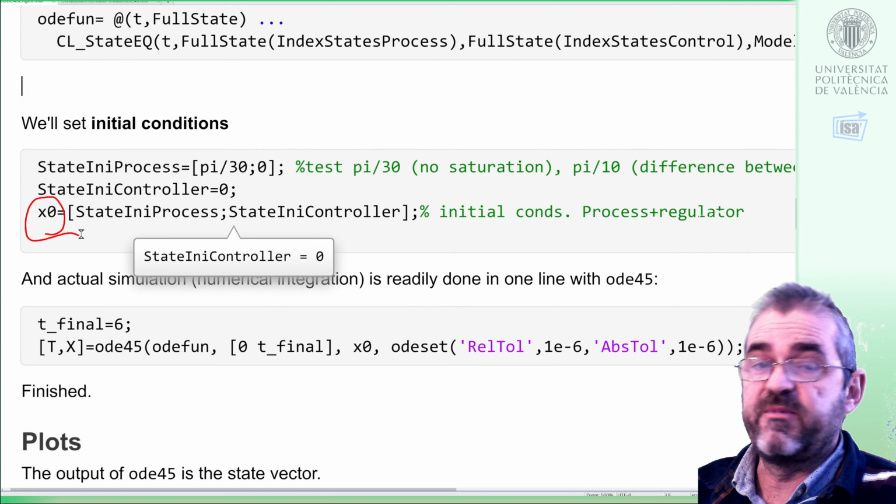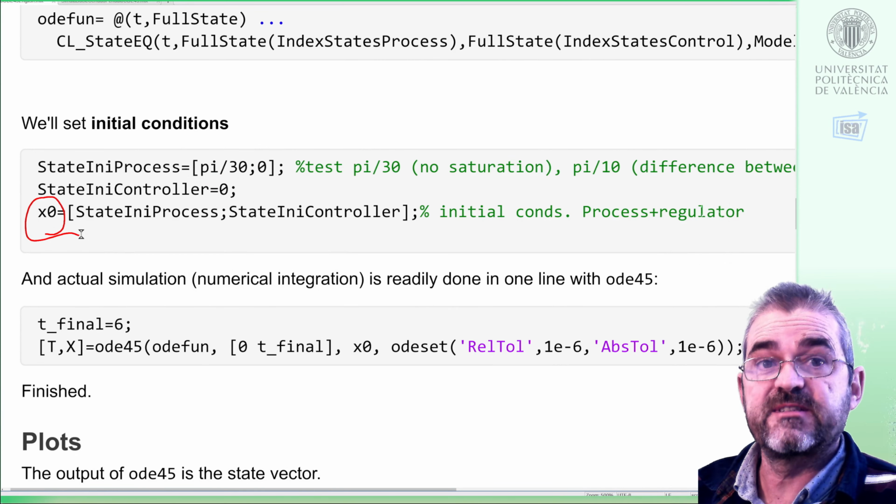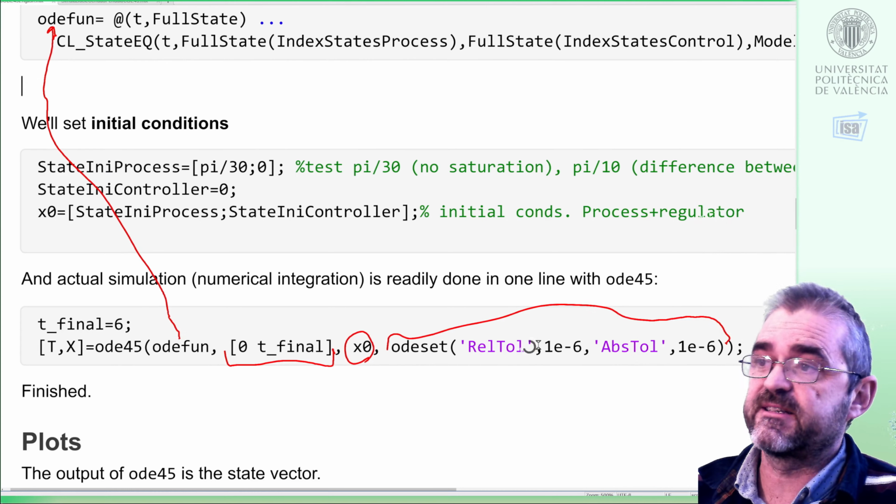So x0 will be the initial condition of the joint plant plus controller state vector. I simulate 6 seconds. The derivative of the overall state vector is this ode_fun. This is the simulation starting and finish time, initial condition, and any desired options such as tolerances.